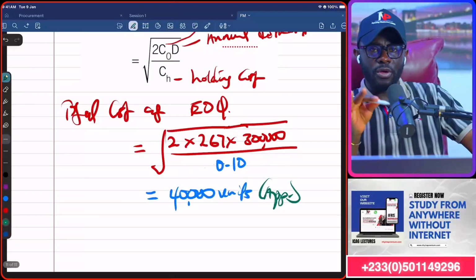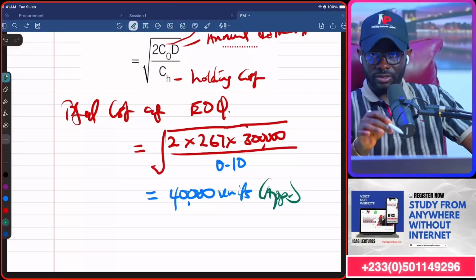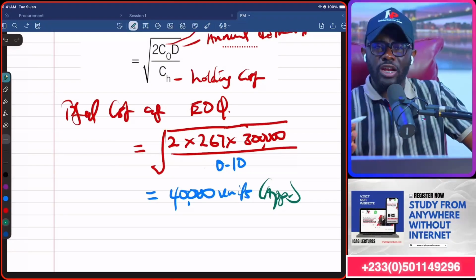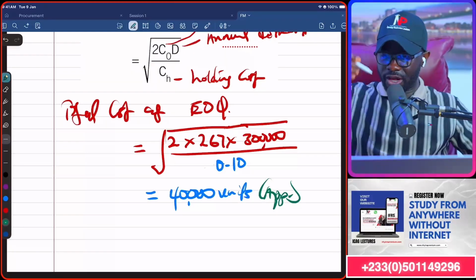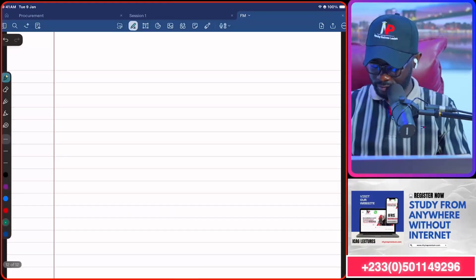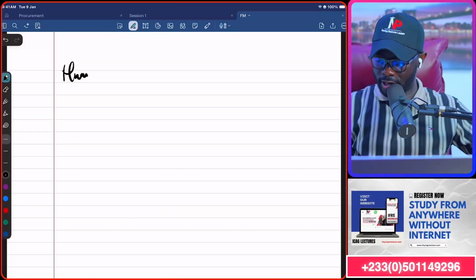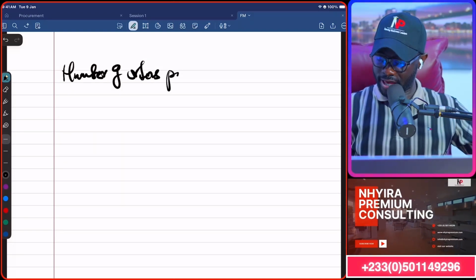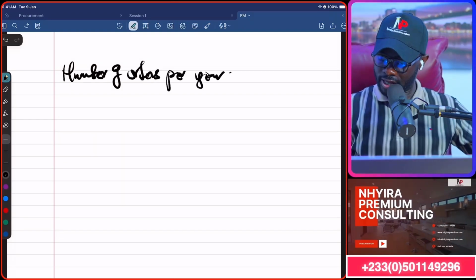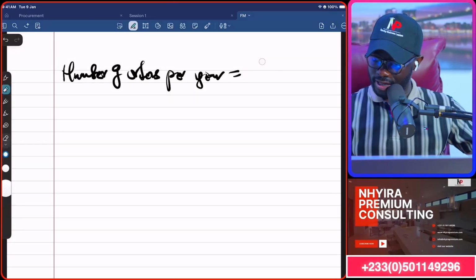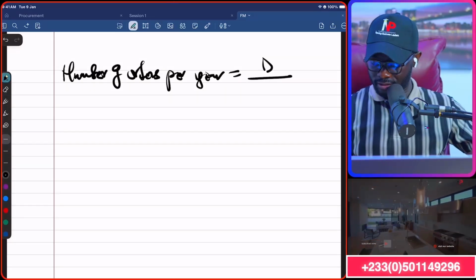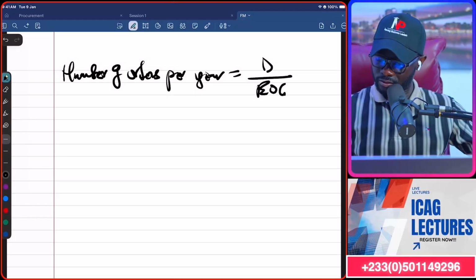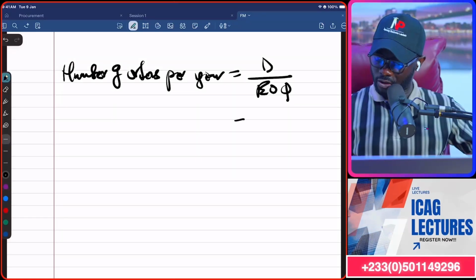So if the economic order quantity is 40,000, then how many orders must we make every year? So number of orders per year. And that will be your annual demand, the D, over the EOQ, the economic order quantity.